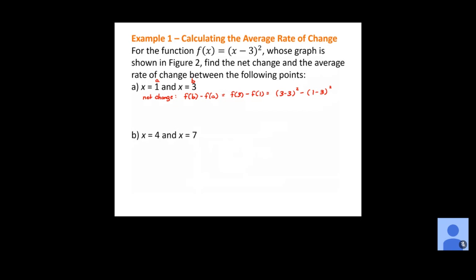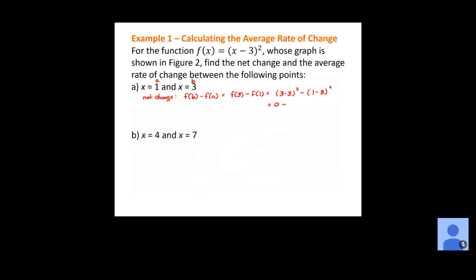And if we simplify that now, what's 3 minus 3 squared going to give us? It's just 0, right? So 3 minus 3 is 0. 0 squared is 0. So we have 0 minus, and then what's 1 minus 3 squared going to give us? 4, right? Because 1 minus 3 is negative 2.